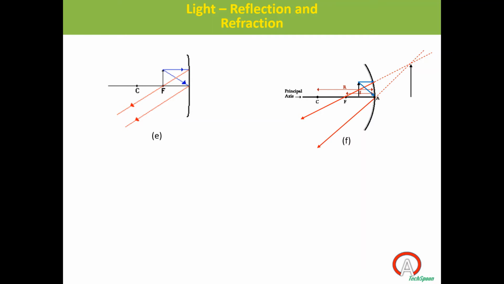Similarly, here you will get a virtual image on the back side of the mirror, a virtual and erect image, a straight image, right? On the sixth position, the object is between F and P, okay? So what do you mean by virtual?